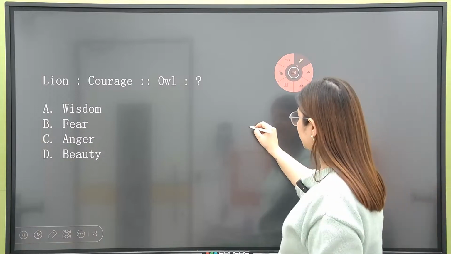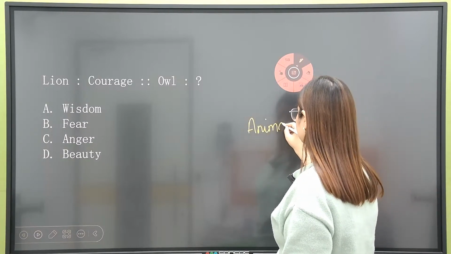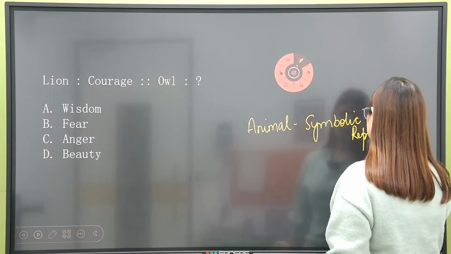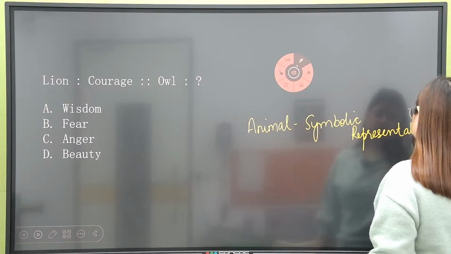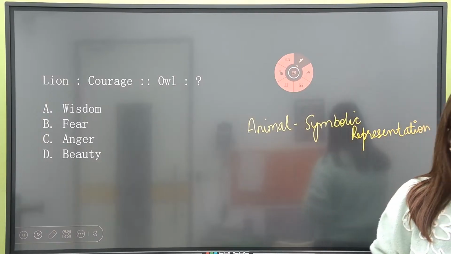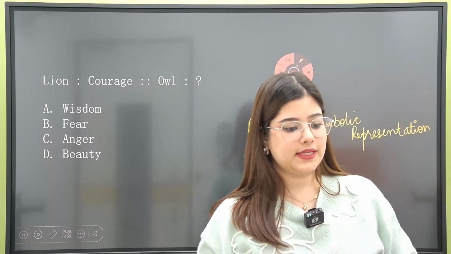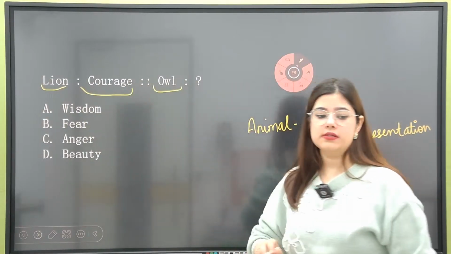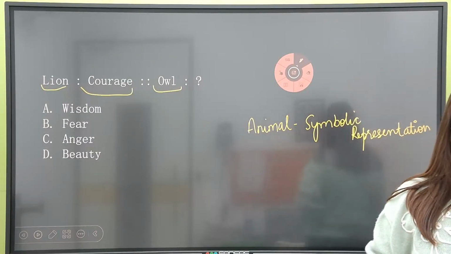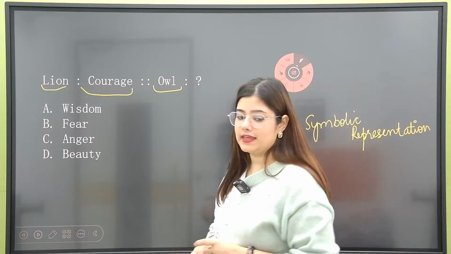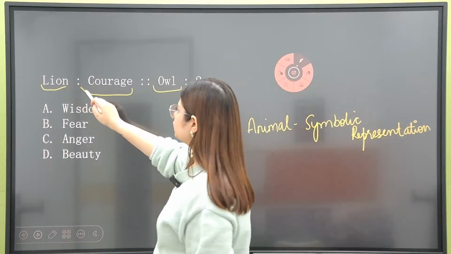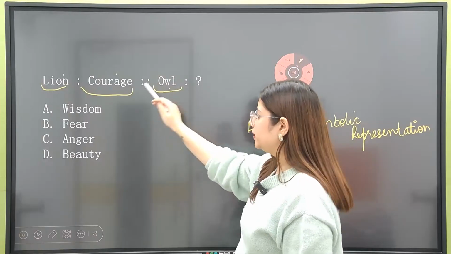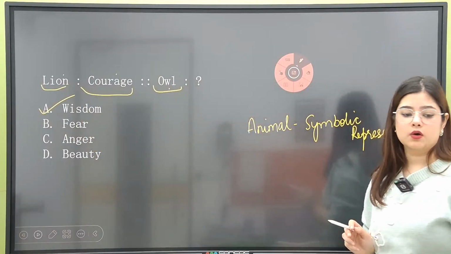Okay, so the relationship: animal and its symbolic representation. A lion symbolizes courage, and an owl symbolizes wisdom, as wise as an owl. So lion is to courage, such as owl is to wisdom.